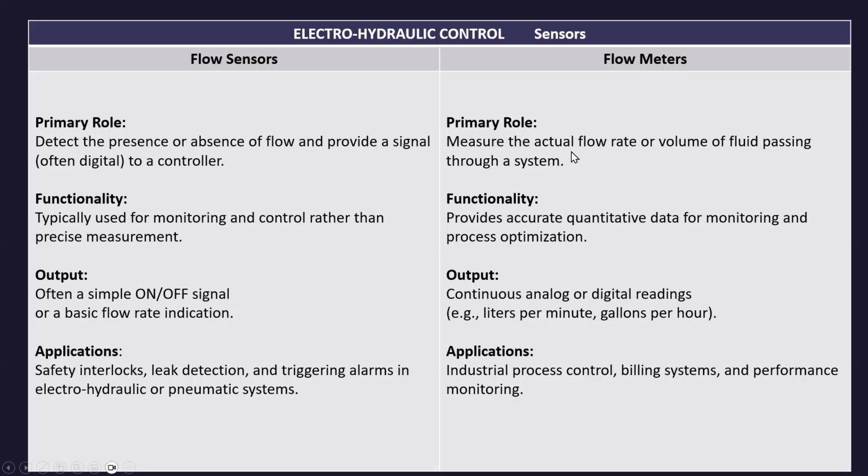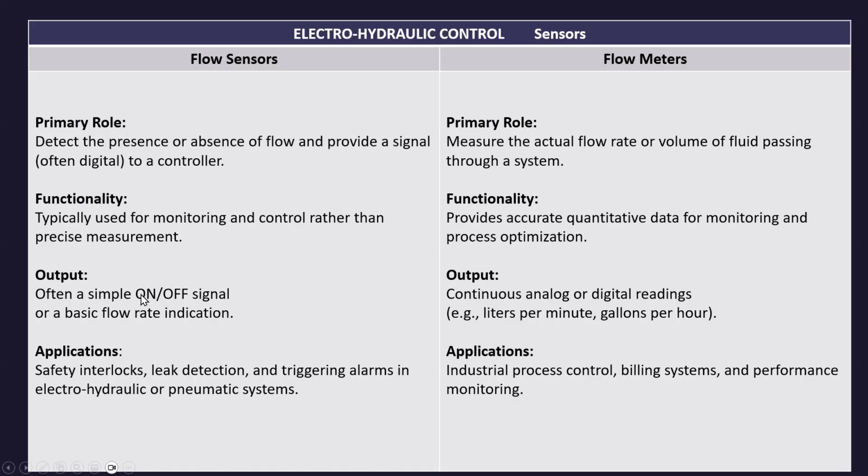Applications, okay, there you go. Primary role, measure, and functionality, output, continuous analog or digital readings. All right, so there you go. So flow sensors and flow meters, sorry. Here's the primary role. Flow sensors are going to tell you that something is flowing in a pipe. And the flow meters are going to actually give you more exact measurements of what's happening here.